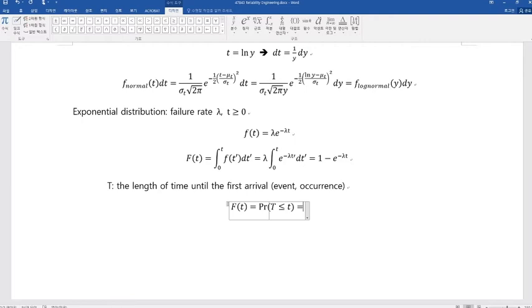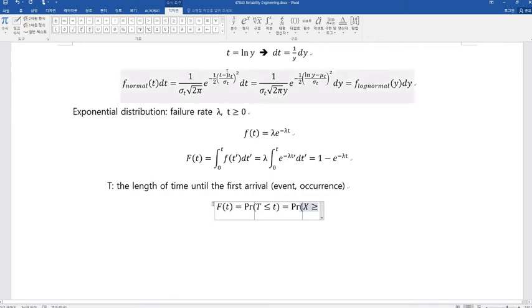That means at time t, at least one failure occurs, if t indicates the time until the event occurs. So in terms of Poisson distribution, if x indicates the number of events occurred, then at least one event occurred.